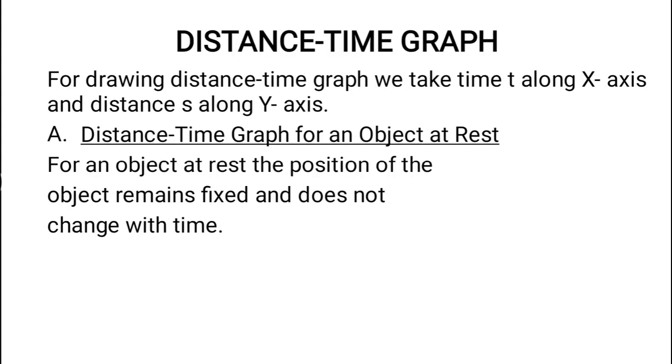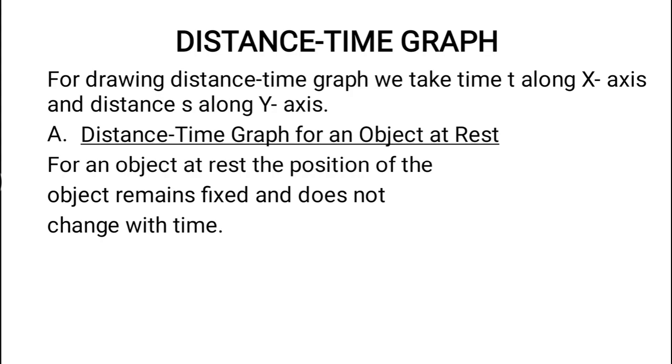So students, in this graph we study the variation of distance with time. It means distance is dependent on time. So we can say that distance is the dependent variable which is changing, and time is the independent variable, because time is not dependent on distance. Distance is dependent on time.